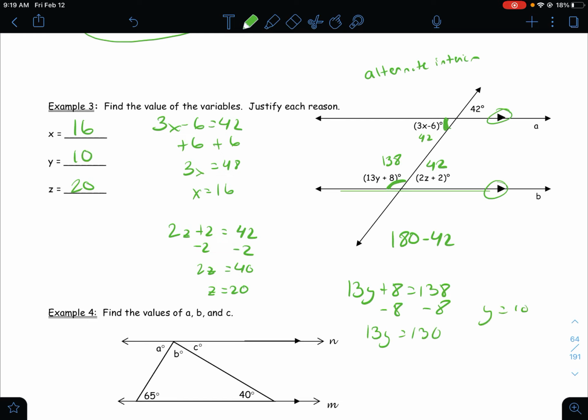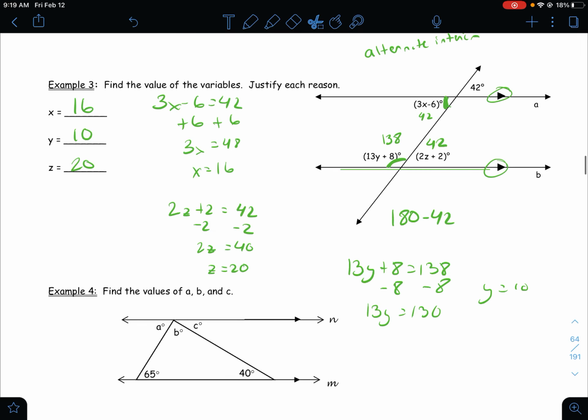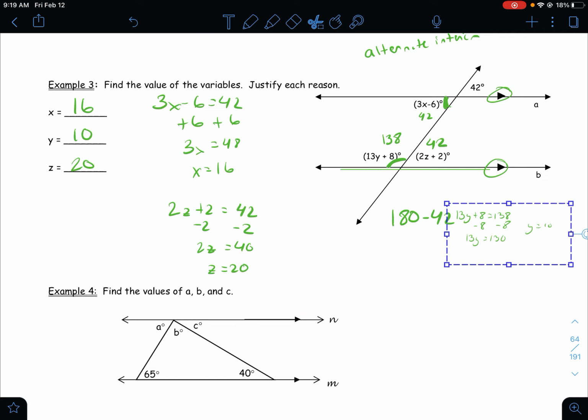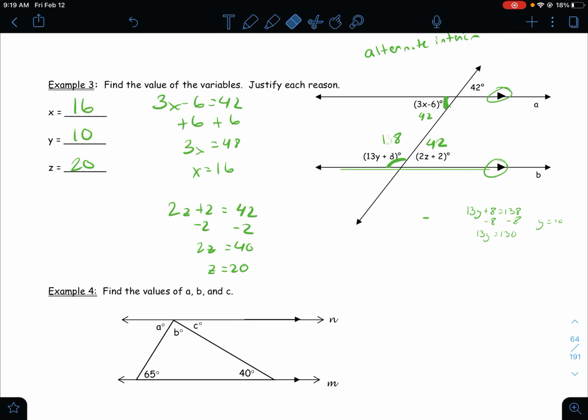Now there is another way we could have done this, and I want to just point that out to you. We could have also used same side interior angles to solve for this. So I could have said, well, I know that this angle here is 42 degrees, and I don't know what this angle is, but I know that these two angles are same side interior. And same side interior angles, those are supplementary.